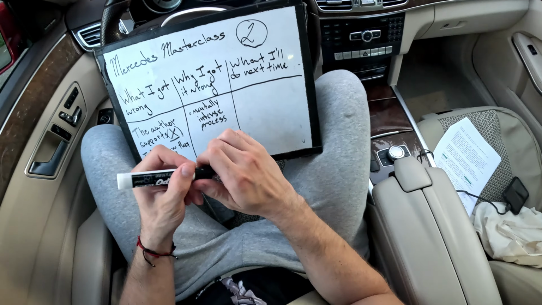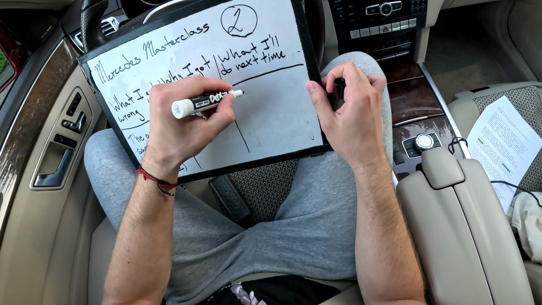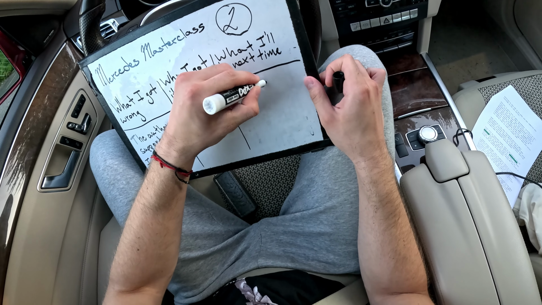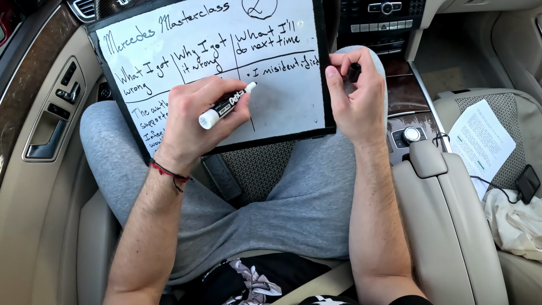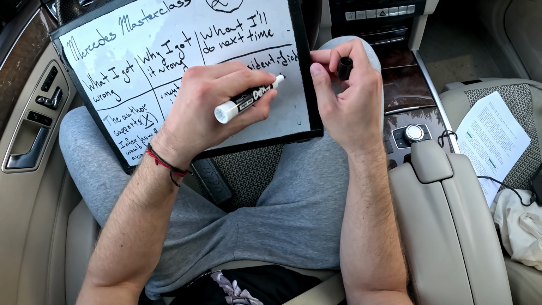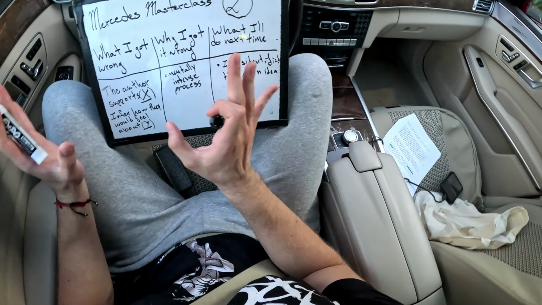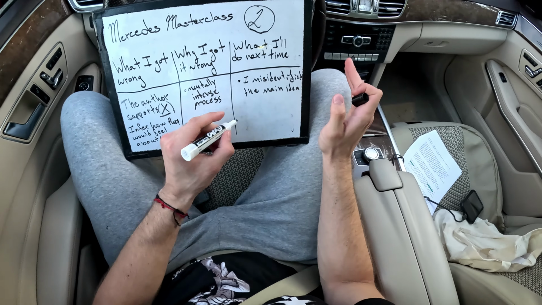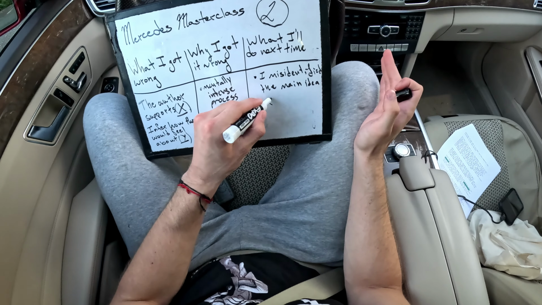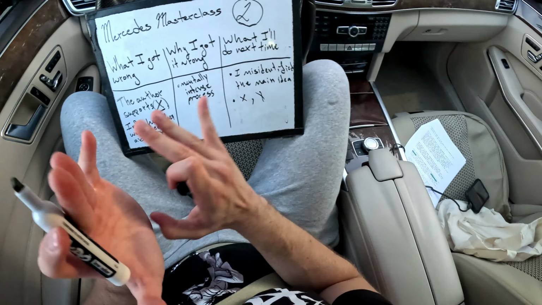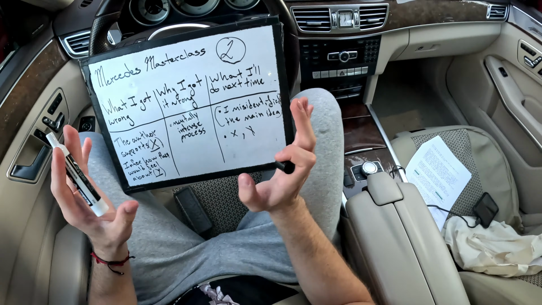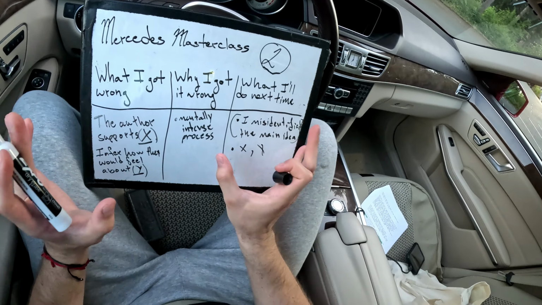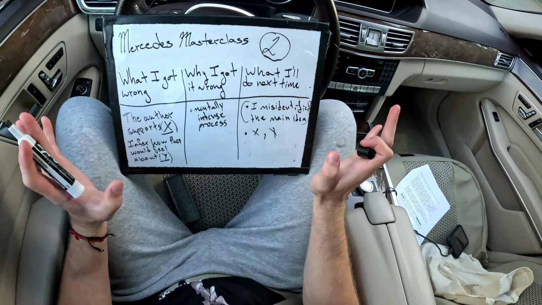For example, we can say, I misidentified the main idea. That's just one example. It could also be X or Y. It could be a lot of things about why we got it wrong. But the big idea is that we put in a general idea of why we got the question wrong in a one sentence format.